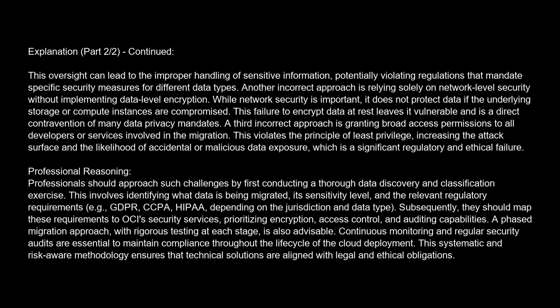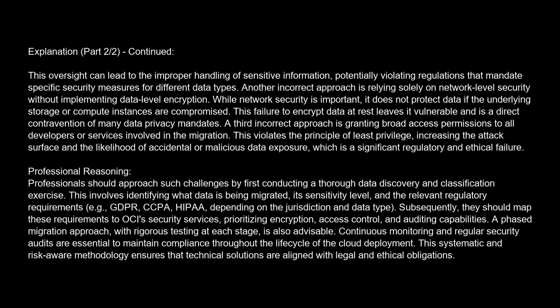Another incorrect approach is relying solely on network-level security without implementing data-level encryption. While network security is important, it does not protect data if the underlying storage or compute instances are compromised. This failure to encrypt data at rest leaves it vulnerable and is a direct contravention of many data privacy mandates.